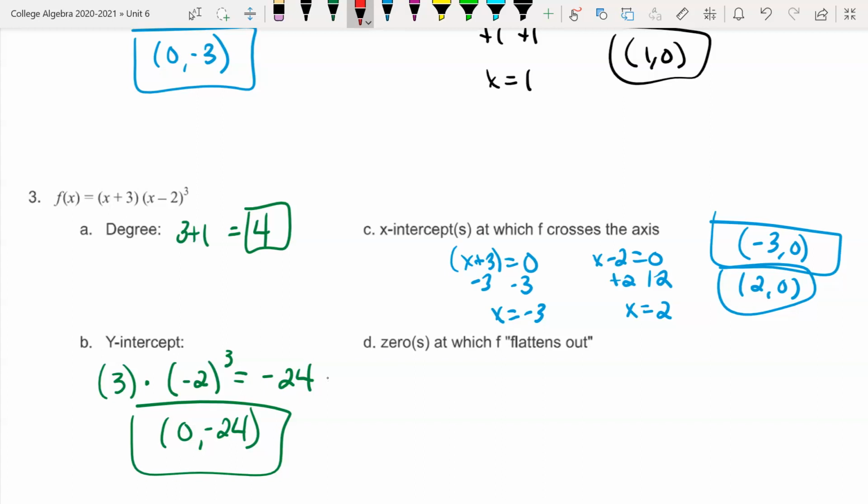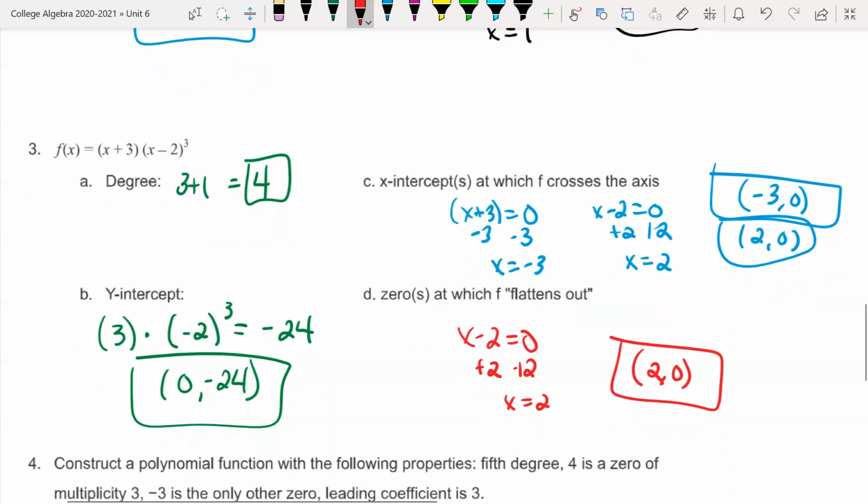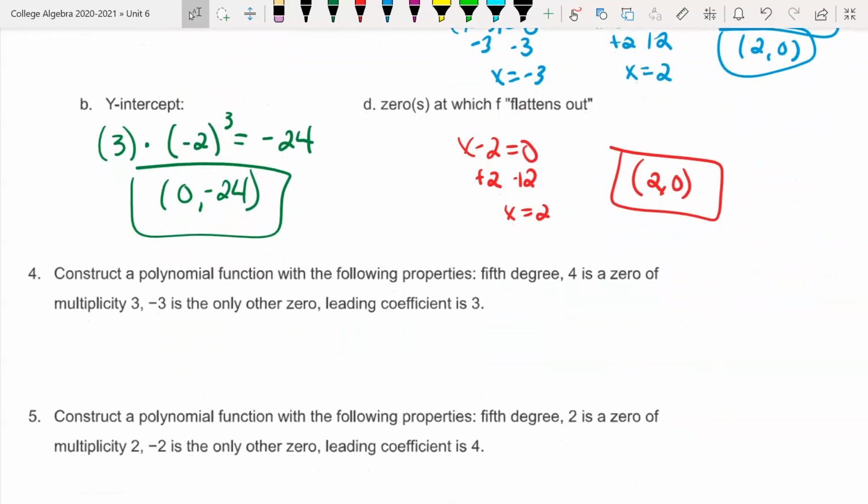And lastly, zeros at which f flattens out. Well, it flattens out when it's greater than 1, so that's only one of them. So type in (2, 0).